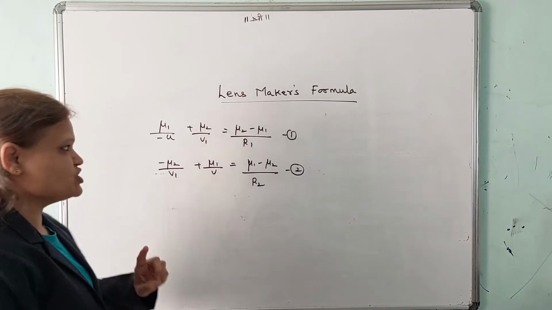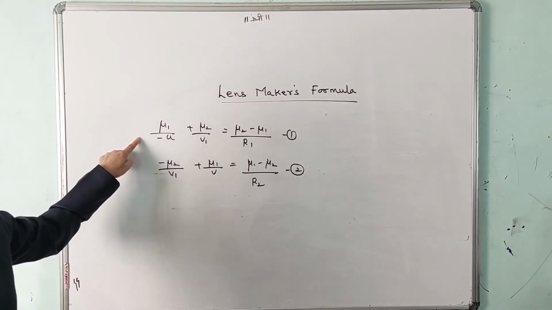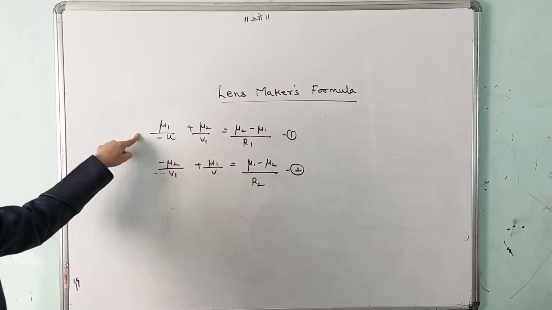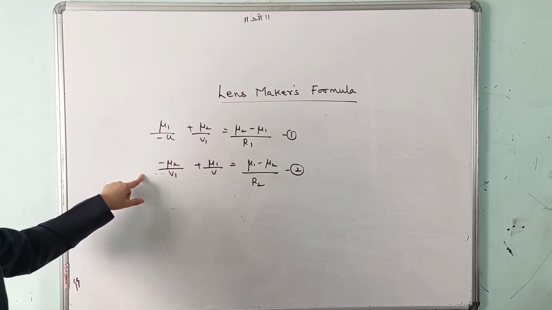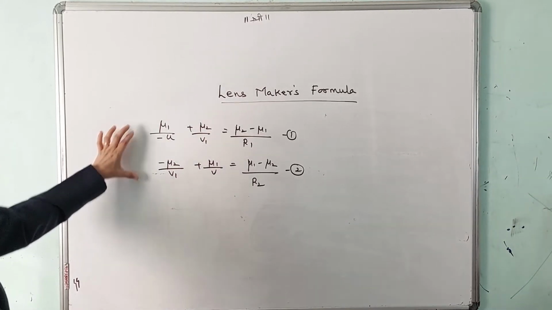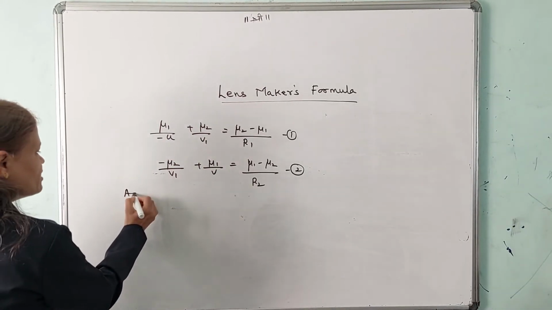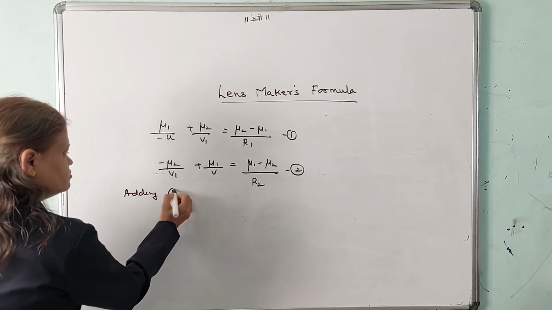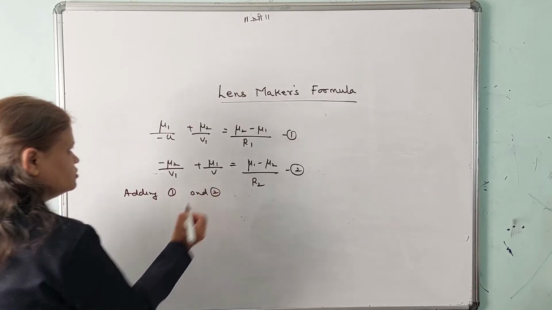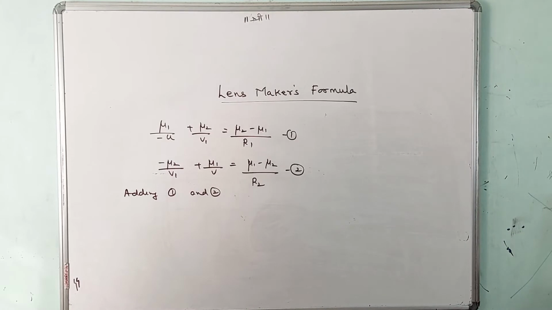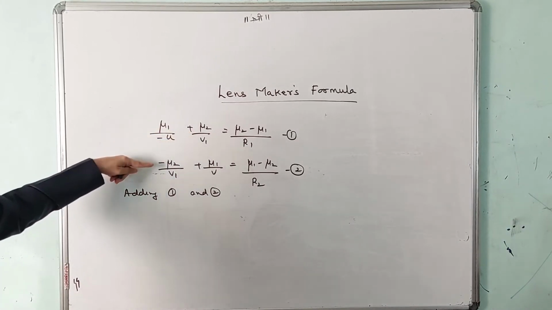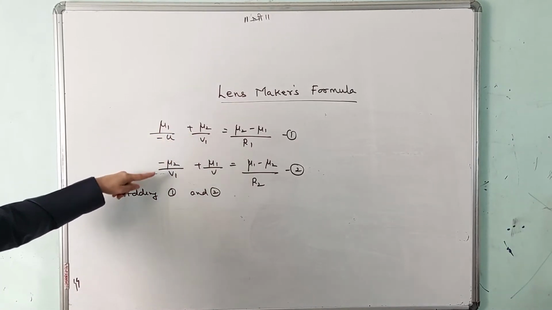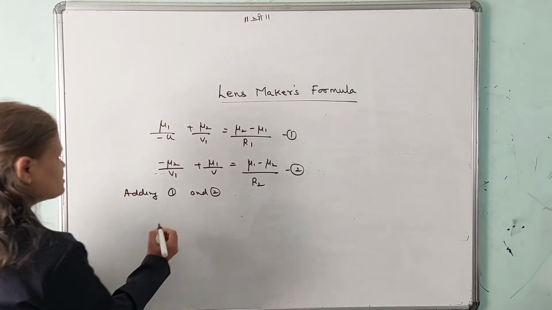So we have two equations now. Equation 1 for rarer to denser, and equation 2 for denser to rarer medium. Now we are going to add these two equations. Adding 1 and 2, you can see that mu2 by v1 and minus mu2 by v1 will get cancelled.